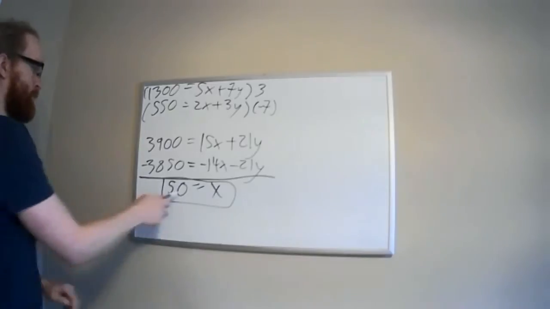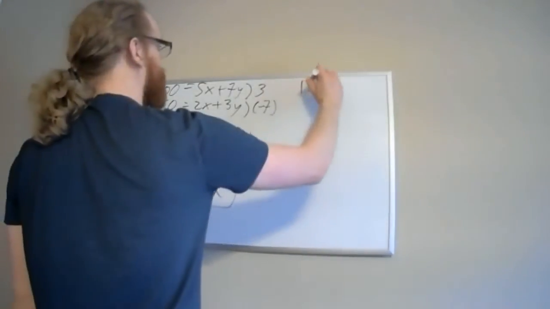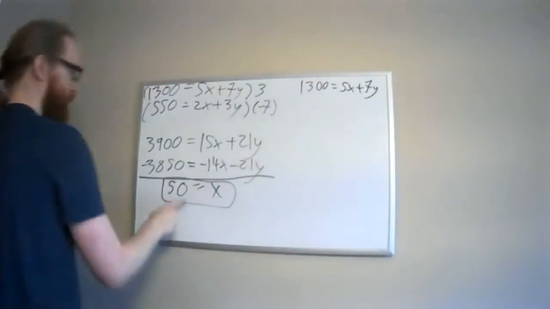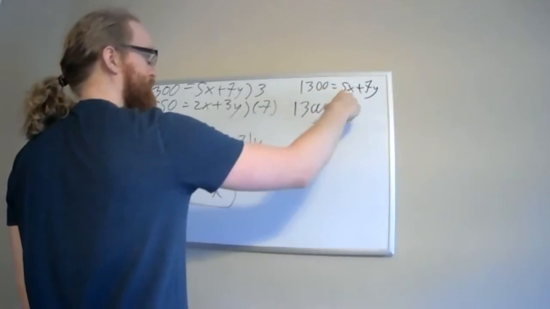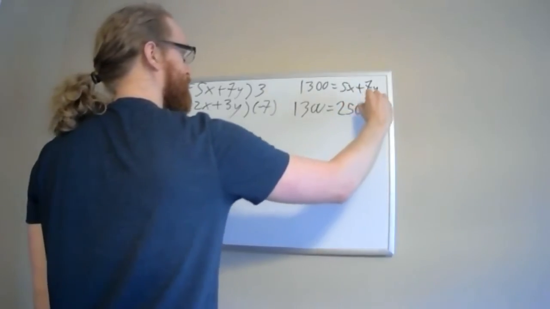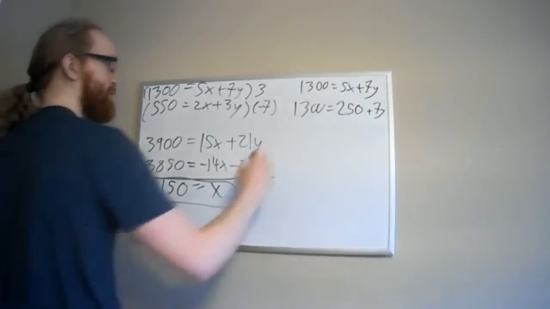Now to find y, I just have to plug this 50 back into one of my equations. So maybe I'll plug it into this 1,300 equals 5x plus 7y. Let's plug in 50 for x. That's 1,300 equals 5 times 50 is 250 plus 7y. So what's 1,300 minus 250?